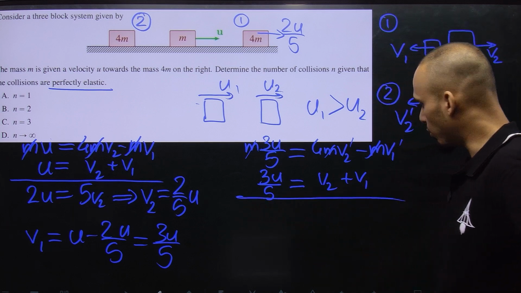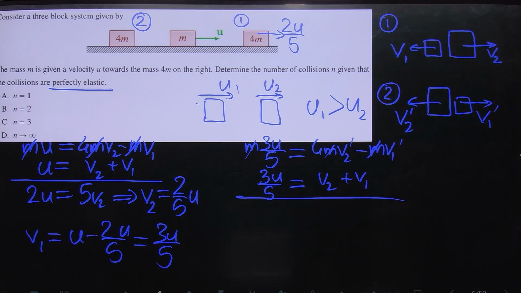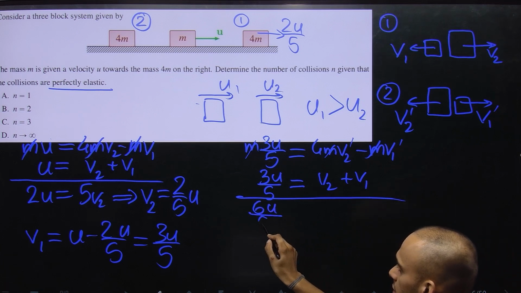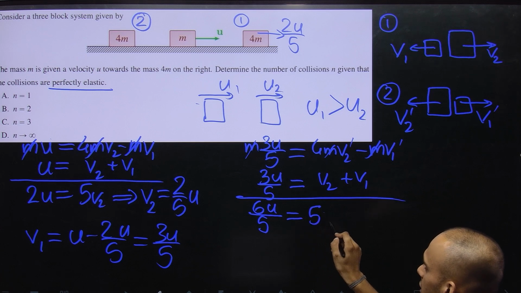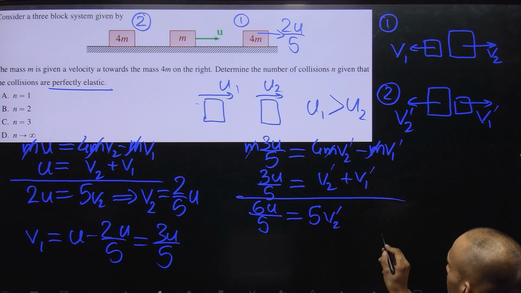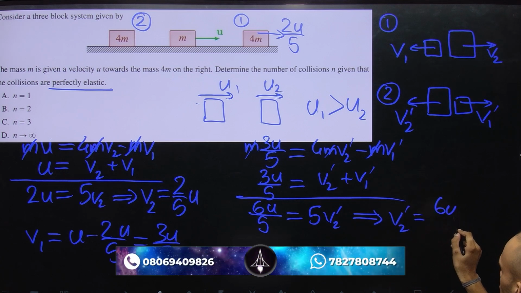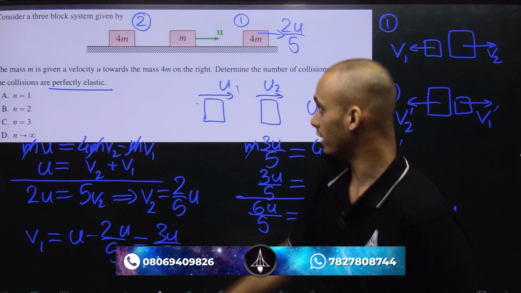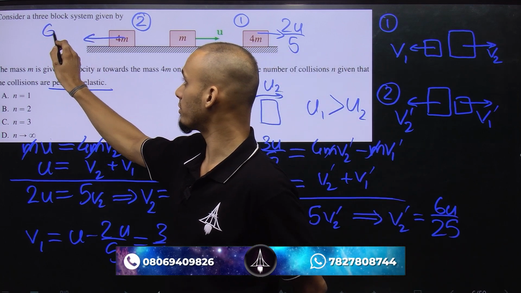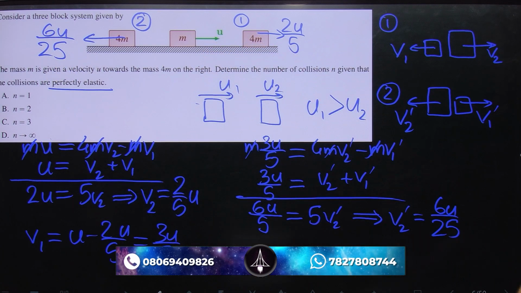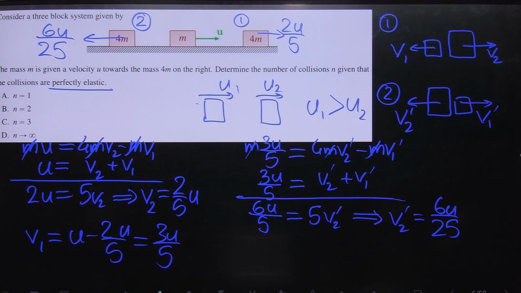Once again, adding both of these equations, we get 6u over 5 equal to 5 v2 dash, and hence v2 dash is equal to 6u over 25. So after the second collision, the 4m block will start moving with velocity 6u by 25, and for the body m, we can again use v1 dash plus v2 dash equal to 3u by 5.